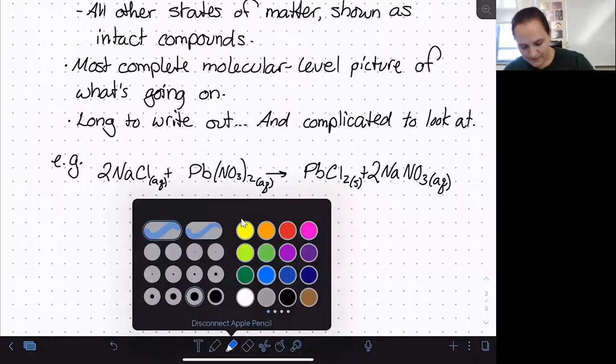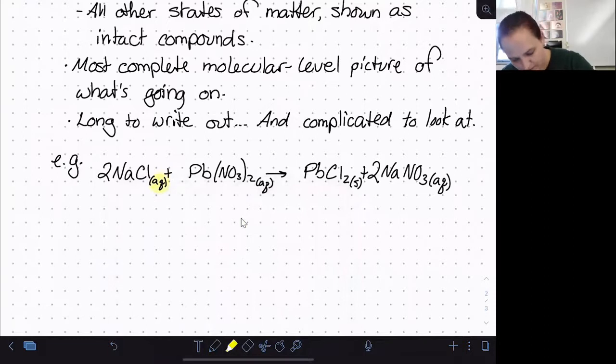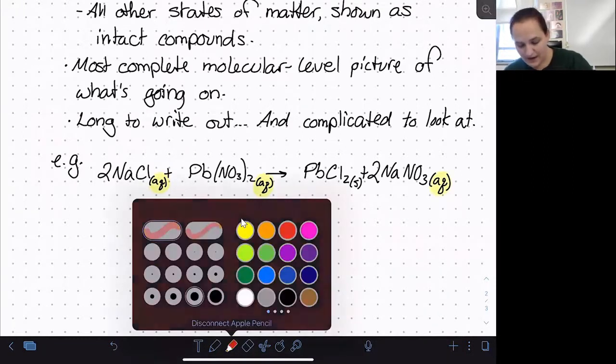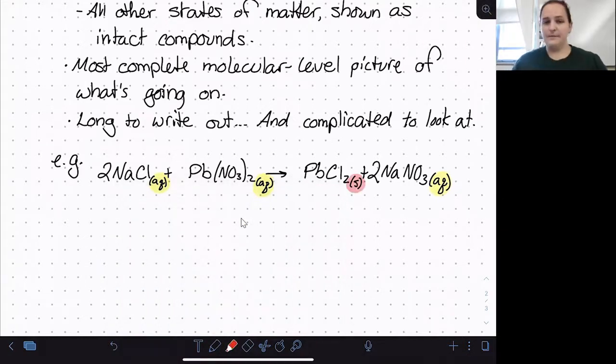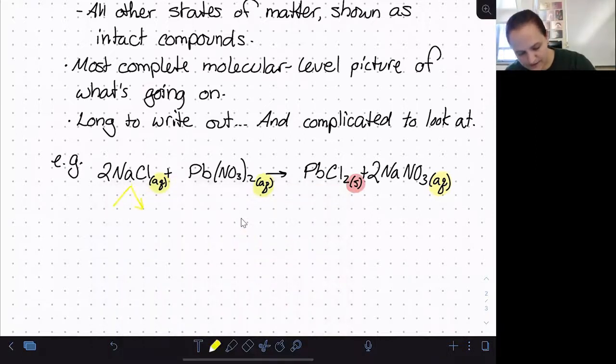We have 3 different aqueous species and 1 solid. So the aqueous ones are going to get split apart into cations and anions. So we're going to take this and we're going to split it into 2 separate ions, Na plus and Cl minus.